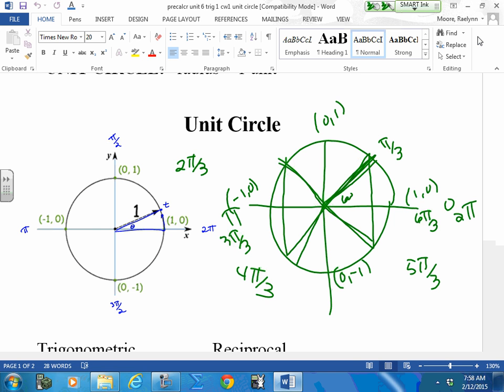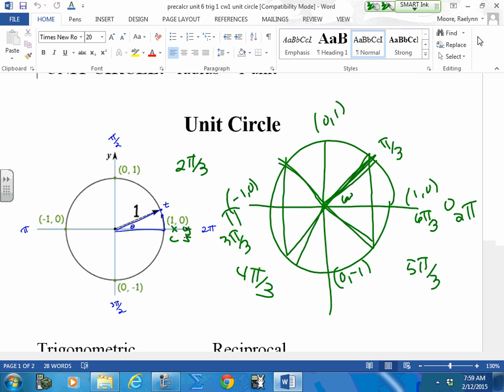Okay? Now, when we place them on the unit circle, it makes life a lot easier because we could also find the sine, the cosine at the 0, the 180, the 90, the 270, all the way around the circle. We can find them on the quadrants. We call those quadrantal angles. And when we work on the unit circle, it's so much easier to look at these. If this is your x and this is your y, cosine and sine, cosine, sine. It's alphabetical.